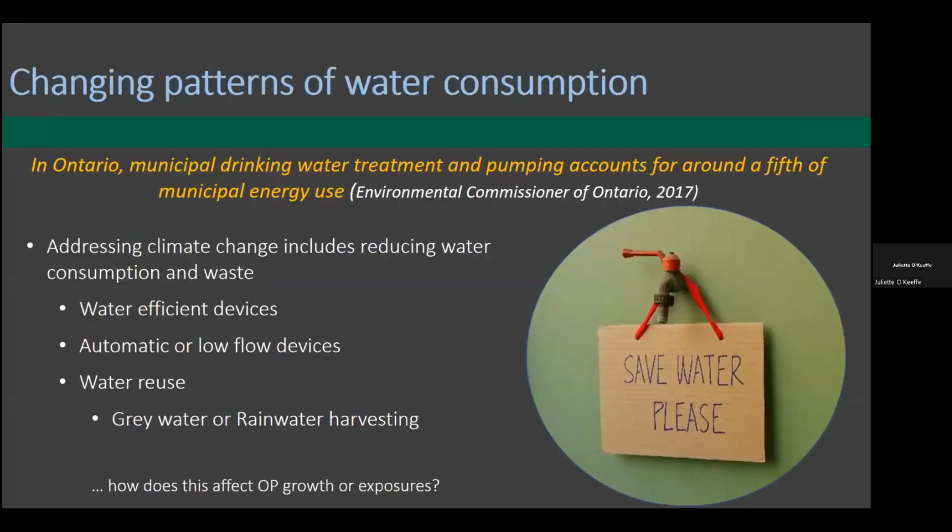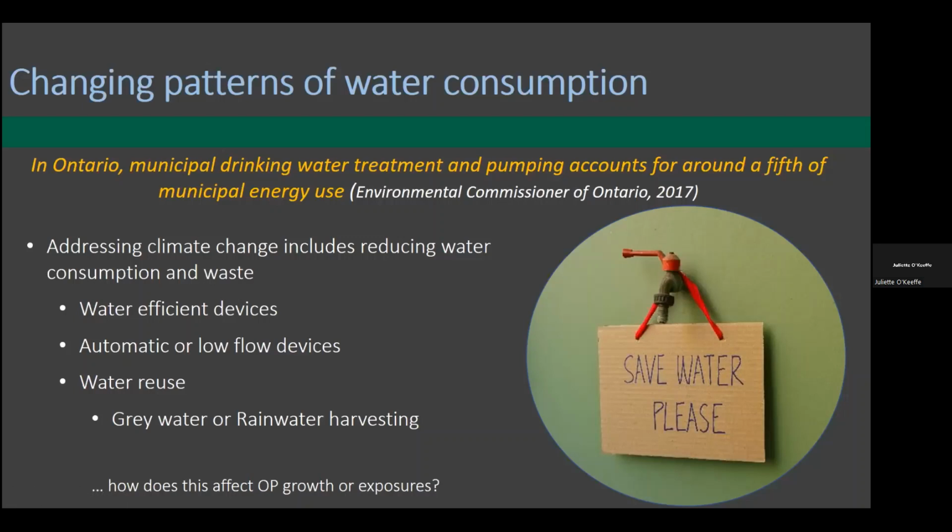We're also changing our patterns of water consumption based on sustainability issues. This quote from the Environmental Commissioner of Ontario says municipal drinking water treatment and pumping accounts for one fifth of municipal energy use. So potable water use is a big energy consumer.